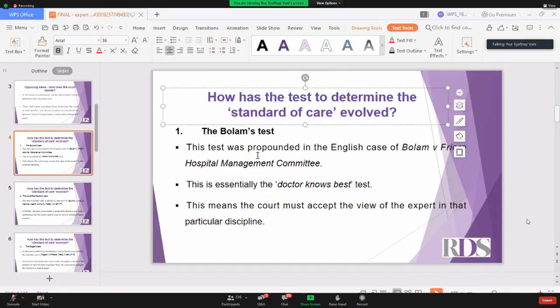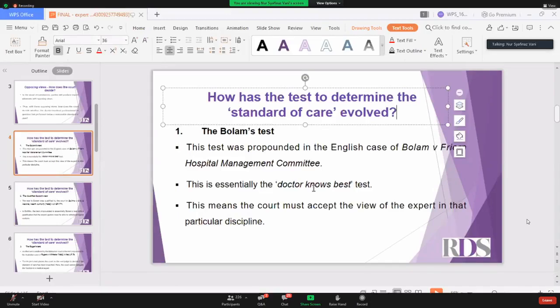Okay, first, the Bolam test, I think we all are aware of this, is essentially doctor knows best. So the court must accept the view of the expert in the medical field, in the particular discipline, let's say gynecology or something of that sort.